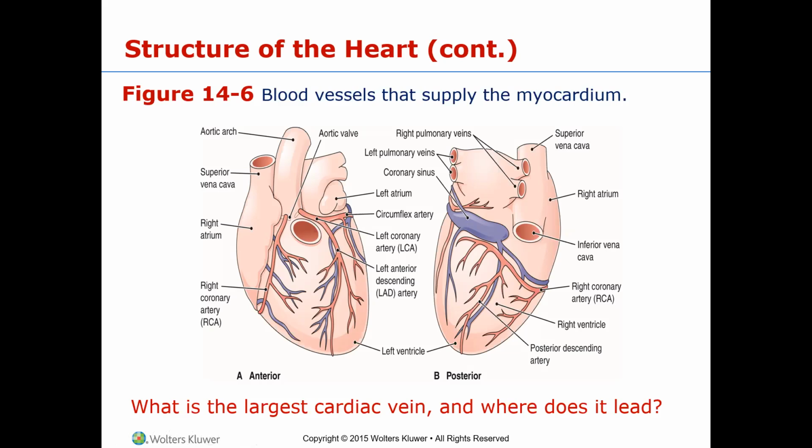Then the blood is going to return to the heart by means of the great coronary vein, which leads into this largest area called the coronary sinus, and then it's going to return to the heart by means of the right atrium.